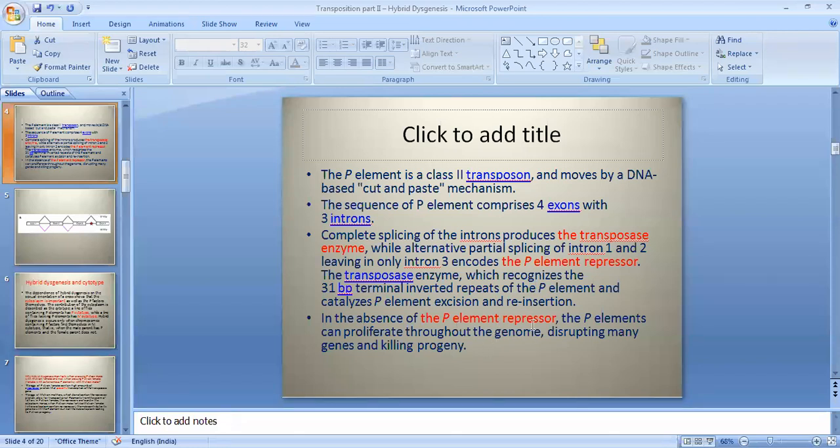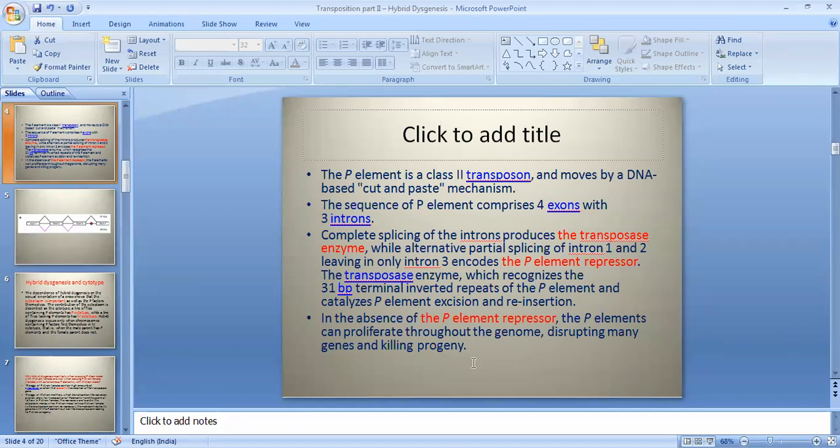Only in progeny, because to produce progeny they have to have gametes, male and female both, and gametes are germ cells. When this P element goes to the germ cell, its expression changes. There they produce the full transposase.